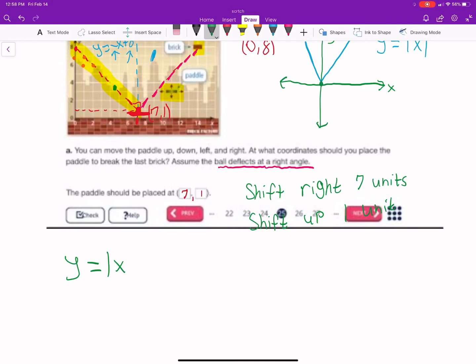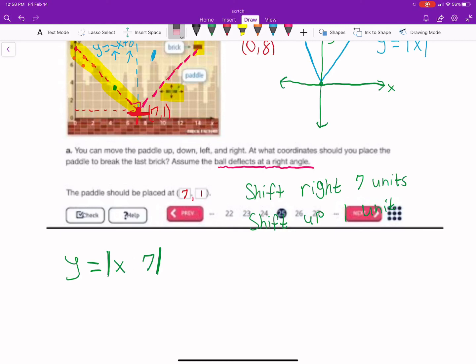So we shifted the whole parent function to the right 7 units. And the way we denote that is by putting a -7 inside our absolute value bars here. We use the minus to go right. If this were a plus, it would have been shifted to the left.